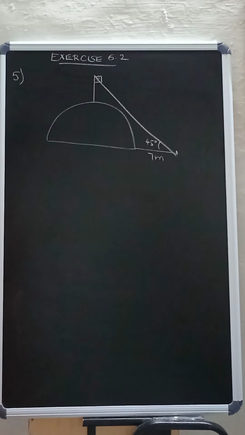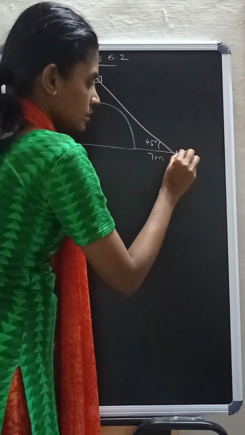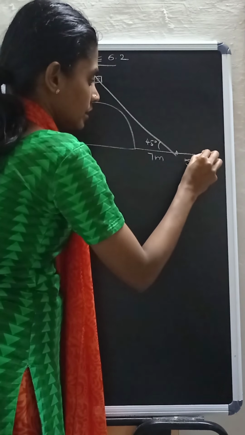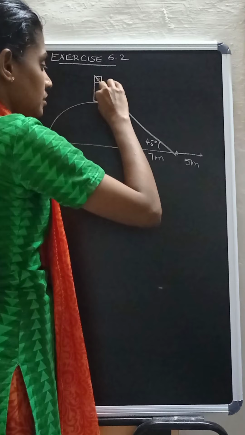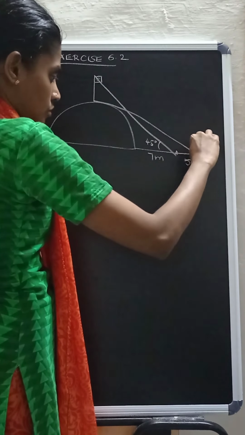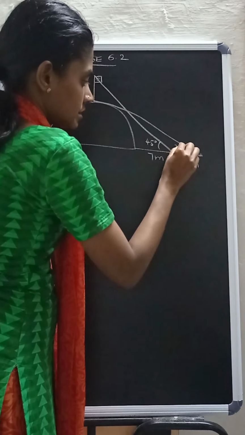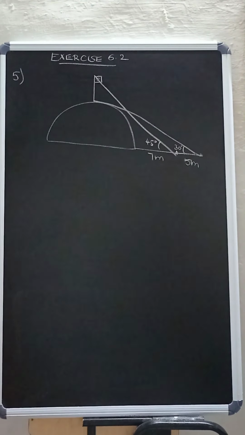And moving 5 meters away from the dome and seeing the bottom of the pole at an angle 30 degrees. So again he is moving 5 meters away and seeing the bottom of the dome 30 degrees. Find the height of the pole.